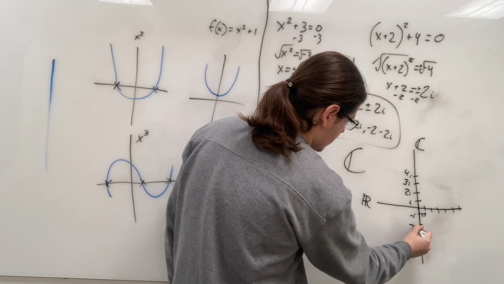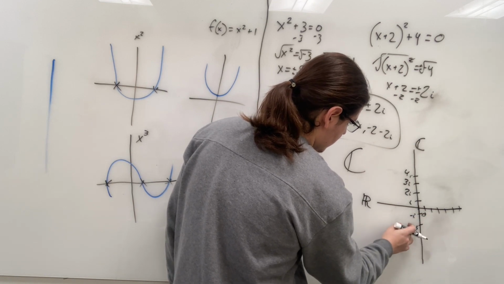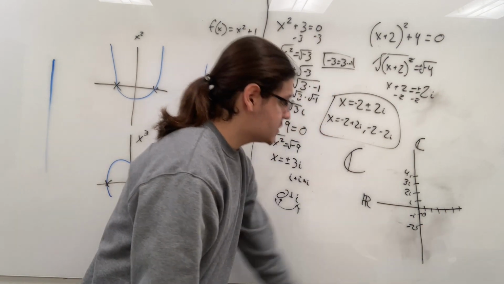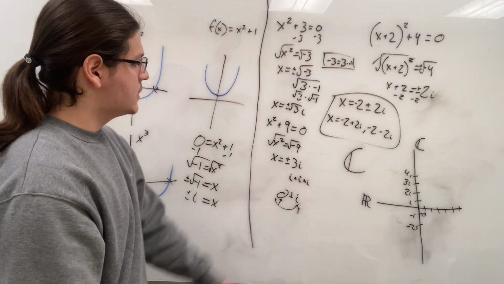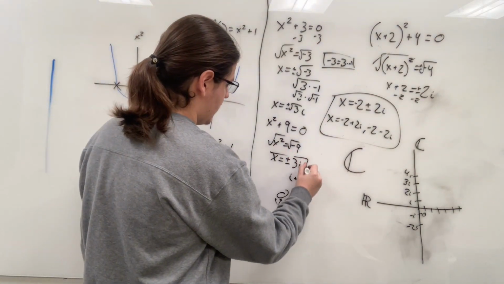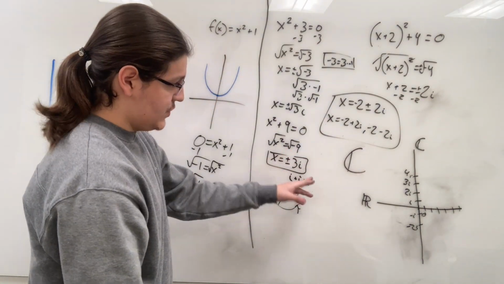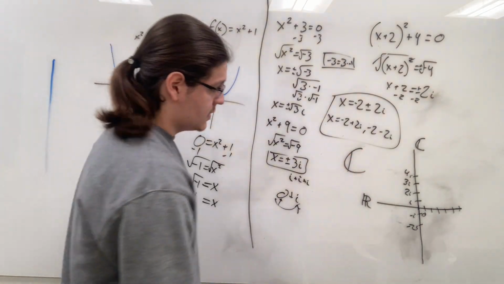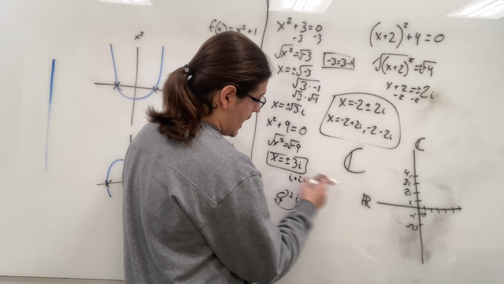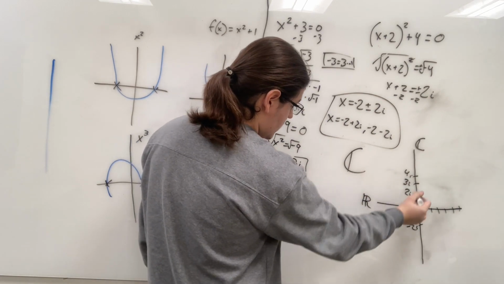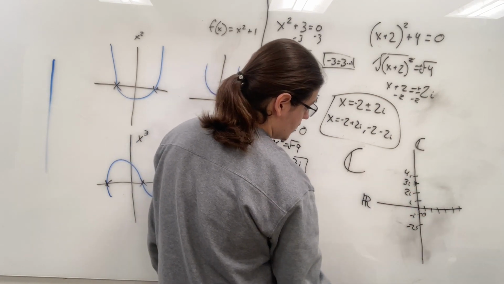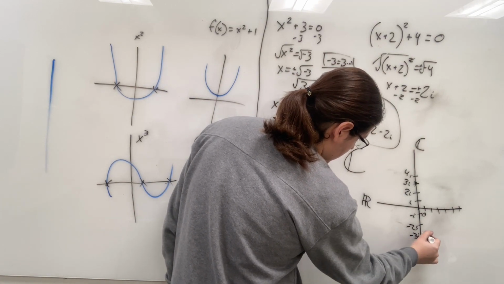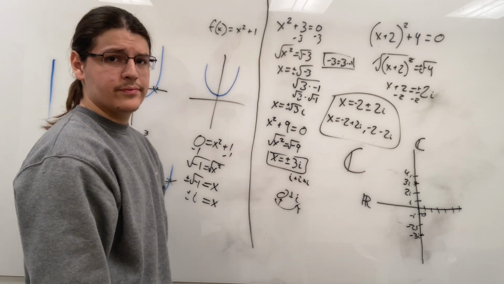Negative i, negative 2i, and so on and so forth. So let's take this solution right here, plus or minus 3i, and let's try to plot that on this new number line. So 3i, we go up 3i, so there's 1, and then we'll go down another 1, and boom, there's our second solution.